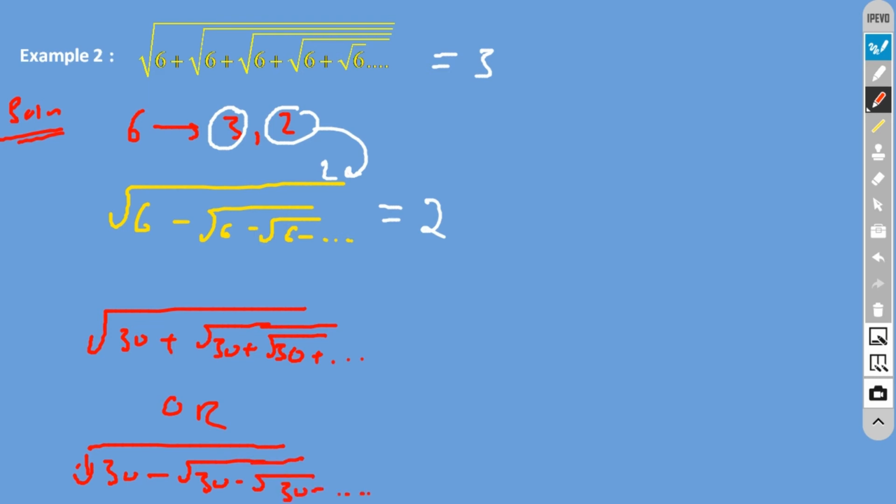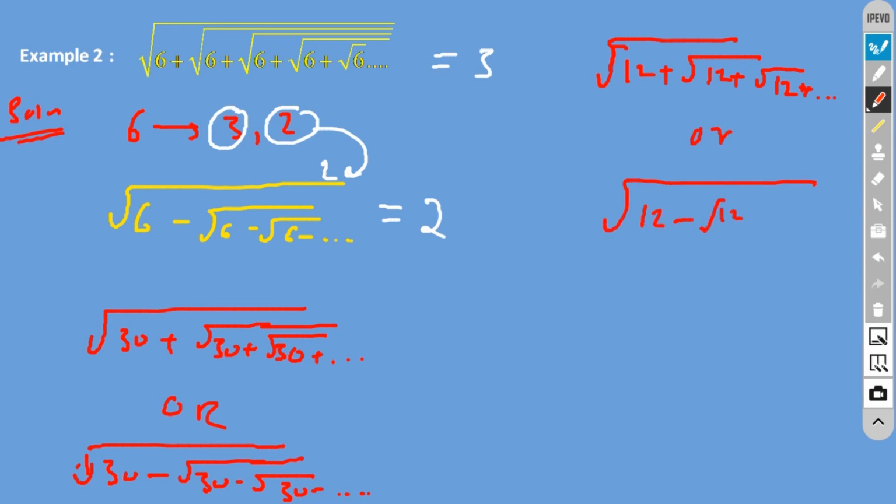Why don't we give more questions like root 12 plus root 12 plus root 12 plus infinity, or root 12 minus root 12 minus root 12 minus till infinity.